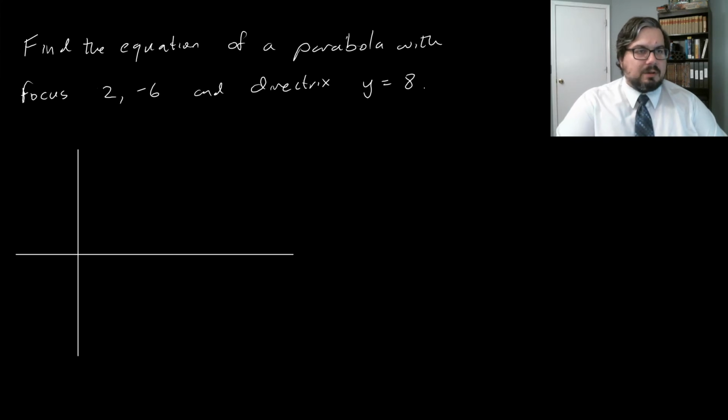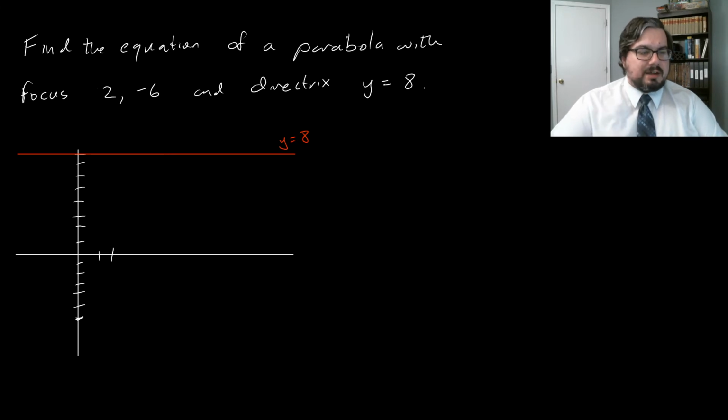So our focus is at 2, 3, 4, 5, 6. You'll notice I'm not being super precise here. That's because this graph is just to organize our thoughts, make sure that we've taken things into account properly.